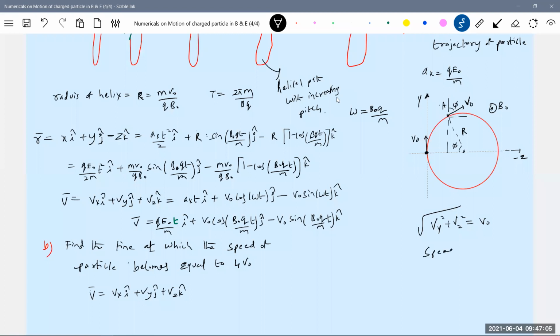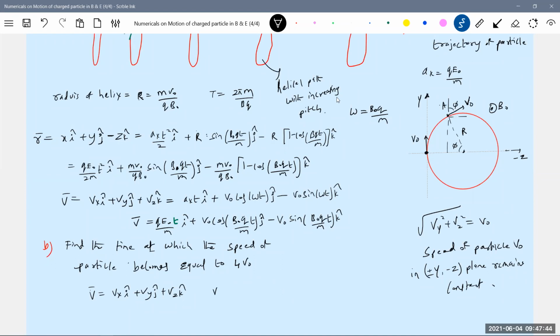Speed of particle in the YZ plane remains constant, because the electrostatic field will act perpendicular to the YZ plane. So the speed of particle in YZ plane should be v naught, and remains constant.